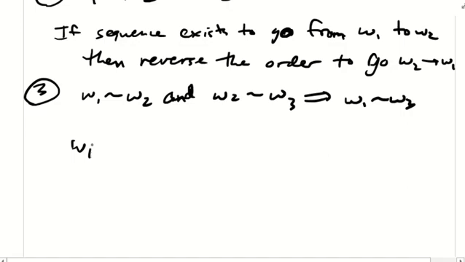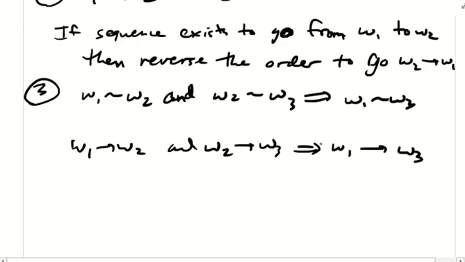W1 to W2 and W2 to W3 definitely implies W1 goes to W3. I don't know if I need to show that.